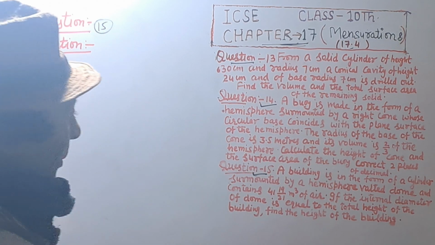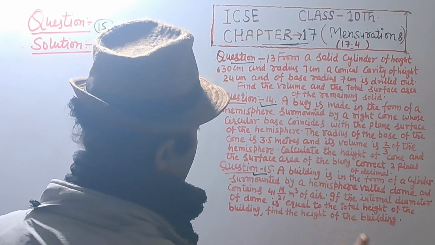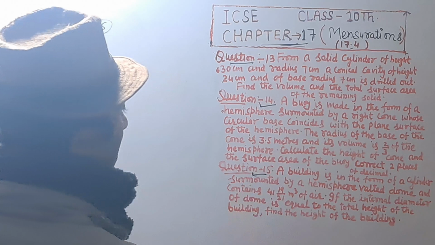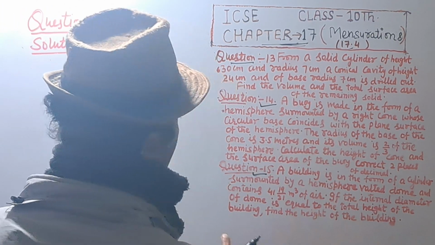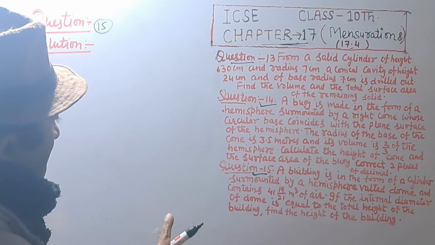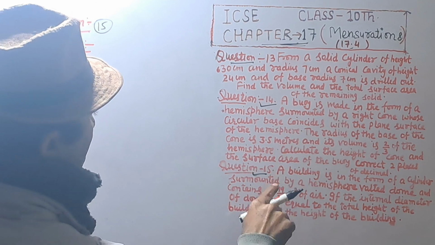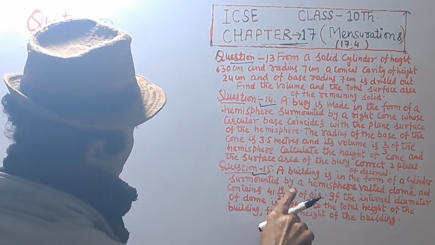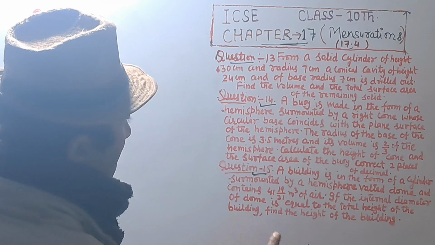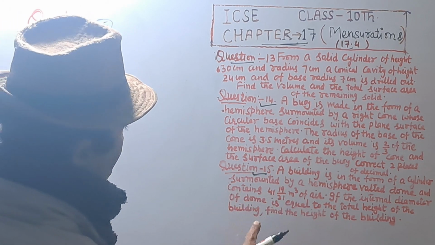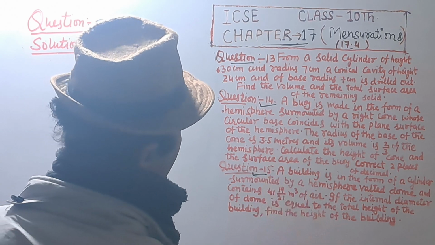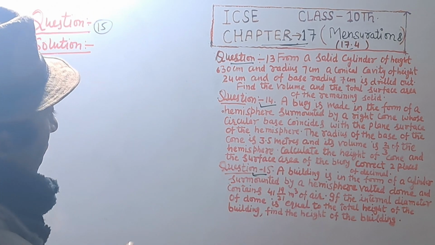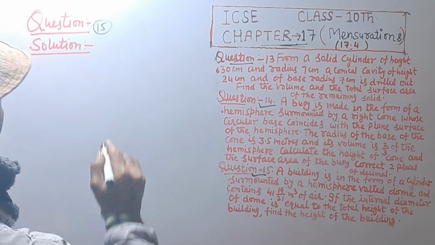Question number 15. A building is in the form of a cylinder surmounted by a hemispherical dome and contains 41 whole 19 upon 21 meter cube of air. If the internal diameter of the dome is equal to the total height of the building, find the height of the building.